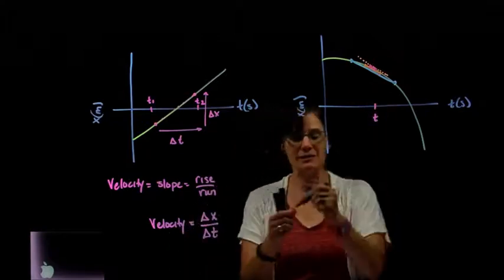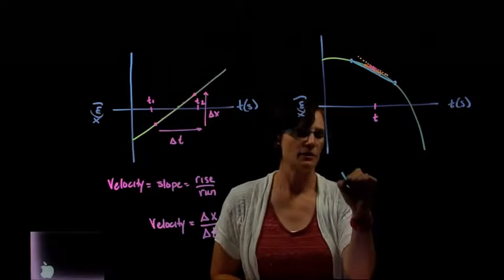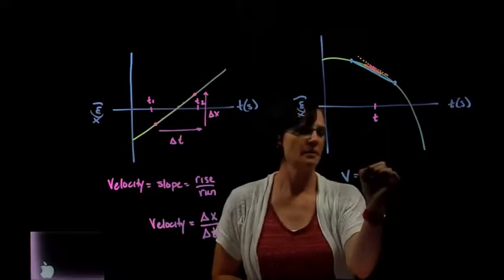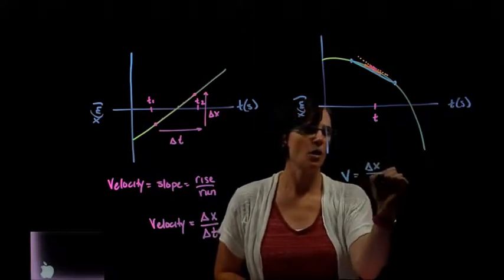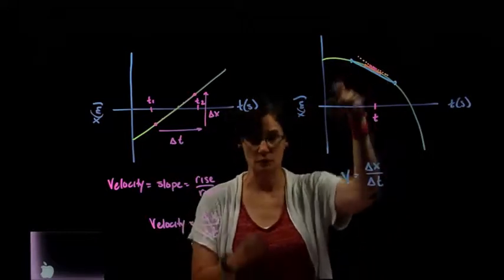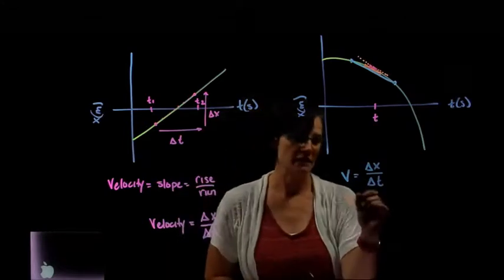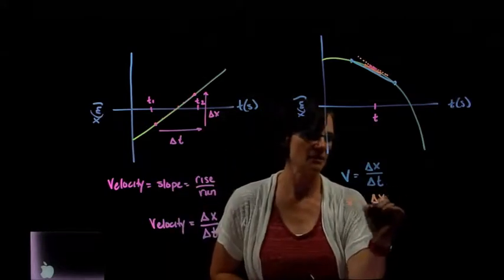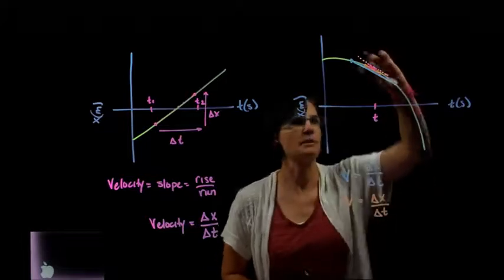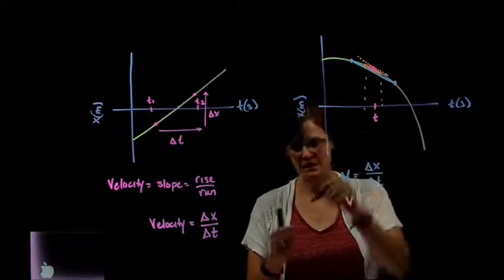Now, if I look at the slope for each of these lines, for the blue line I have a change in position over a change in time represented by this blue difference in time. For the orange velocity, I have the change in position over the change in time represented by this much difference in time.